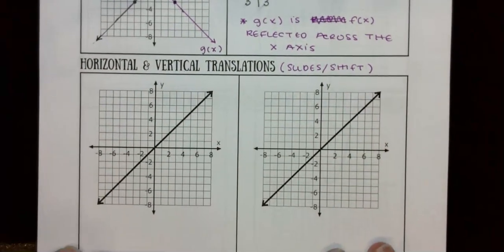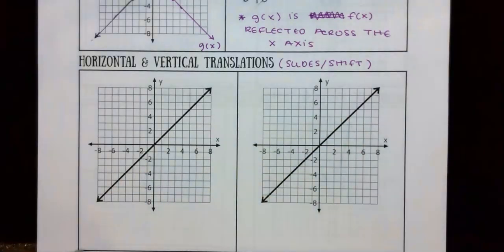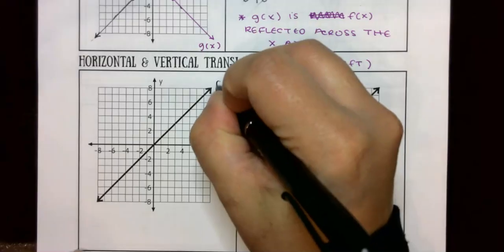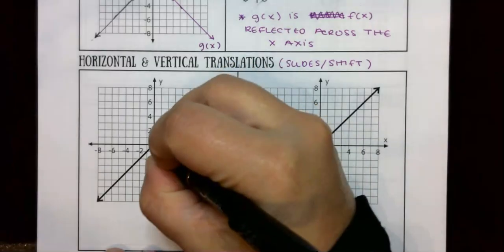Now, in order for us to be able to do this, notice that we have our parent function that's already here. So we're going to start with this one, and I'm just going to go ahead and label that f of x. This is the parent function. This is the one we're going to compare it to. We also need the points on this line to be able to create a new line that's either shifted left or right. So I'm going to start with the origin.